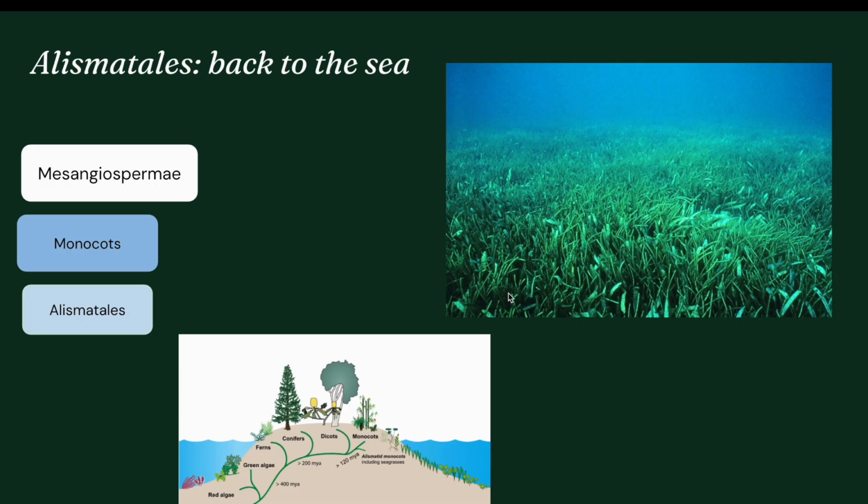Most of them have their life cycle completely underwater. This includes pollination. Some of them are even pollinated by crabs. But aside from their extraordinary adaptations that allow them to survive underwater, they have also become a cornerstone of underwater ecosystems.